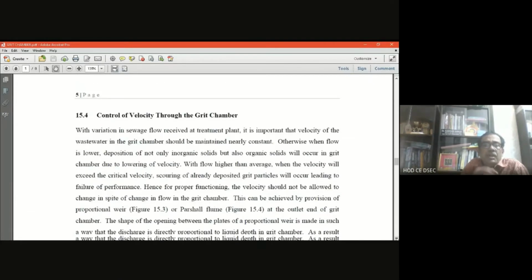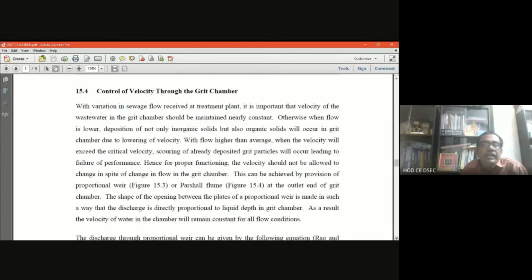So this is all about what I have told you about the control of velocity in the grit chamber. As I have told you, it is important that the velocity of the wastewater in the grit chamber be maintained near constant. Otherwise, when the flow is lower, the deposition will include not only inorganic but also organic solids along with grit. If the flow is higher, then the velocity will exceed the critical velocity, and scouring of the deposited particles will take place, which is not admissible.